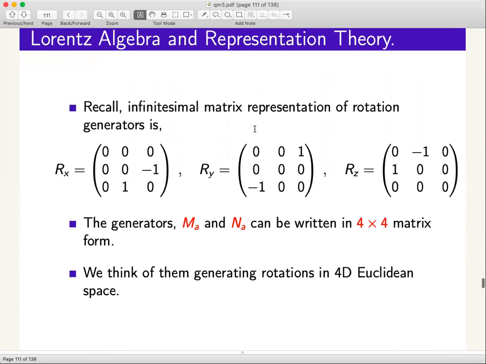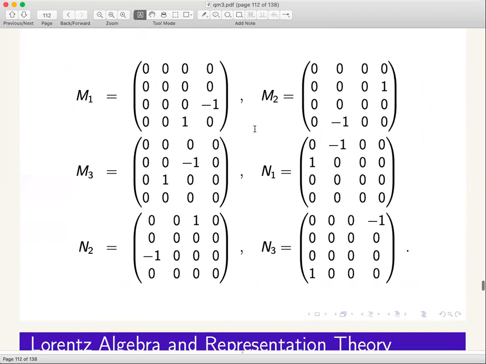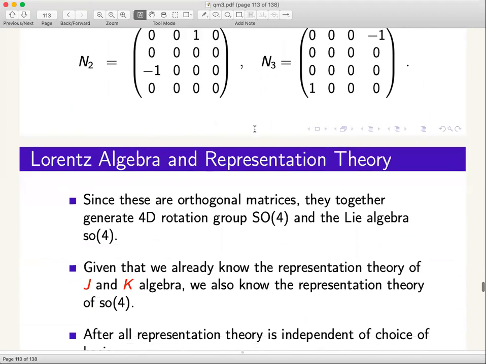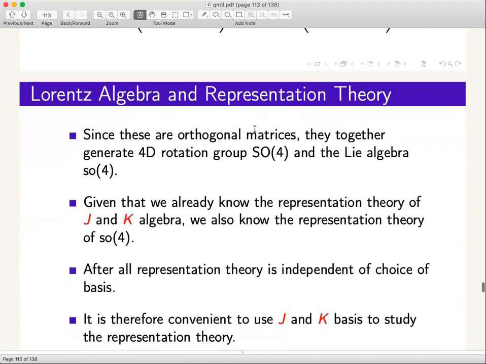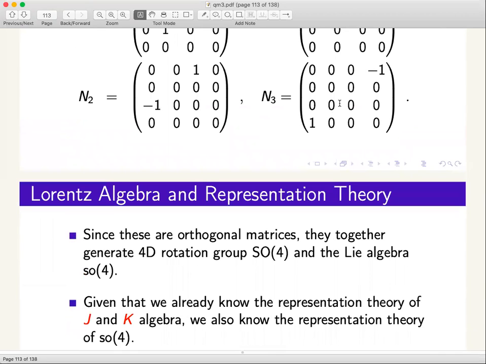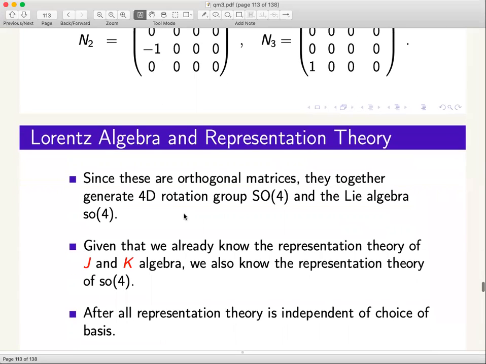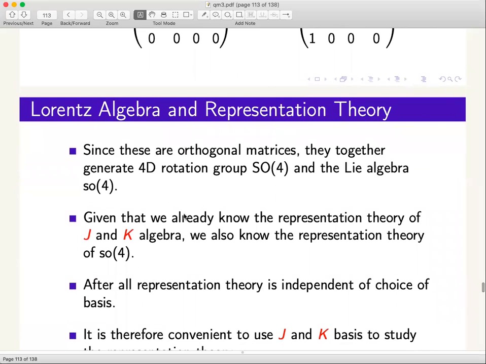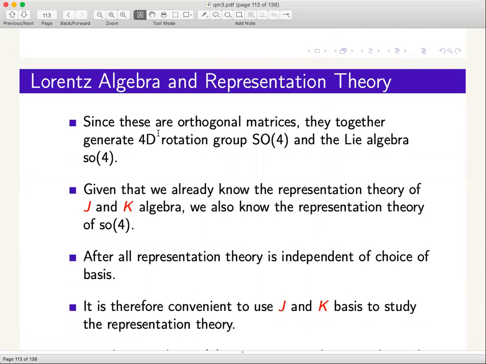So this is the algebra of orthogonal matrices. You can see that these are elementary pieces of orthogonal matrices. And that is the 4-dimensional rotation group whose Lie algebra is SO4.